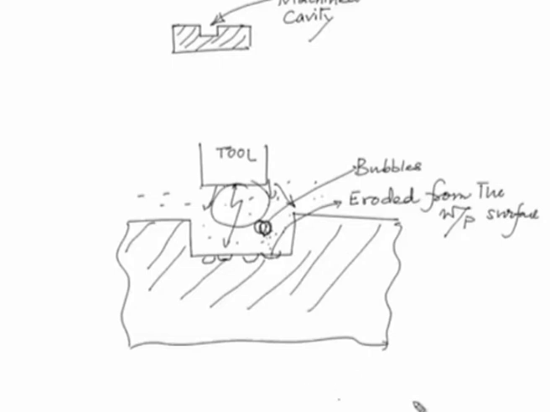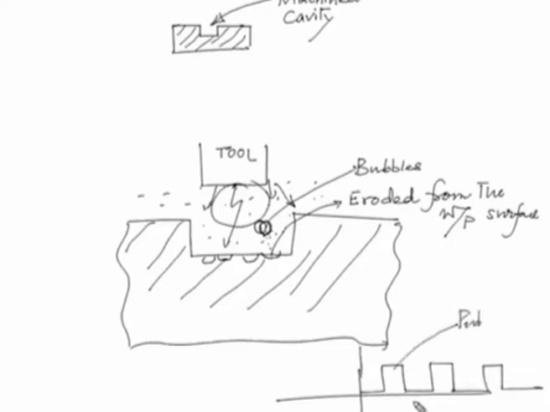Also, since this process is a discrete process, because here we are using pulses of current, something like this. So, these are the pulses of current that we are using. This is the pulse we are using, and this is the time.